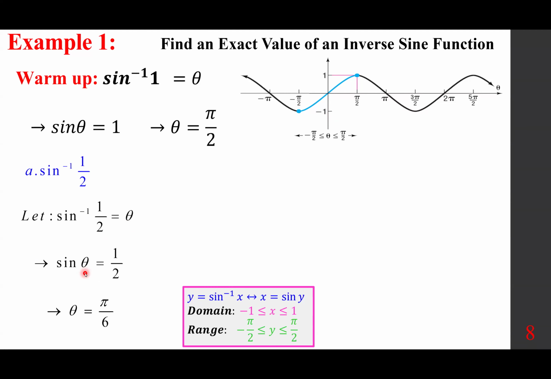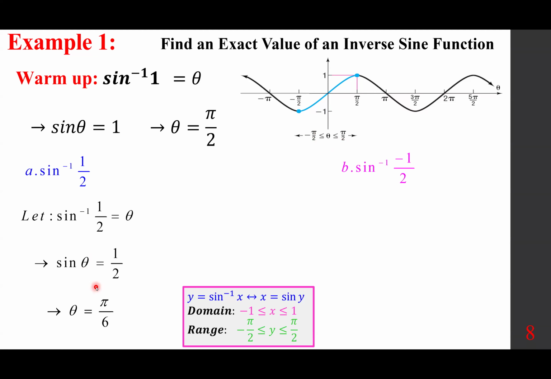And it's extremely important to know that in a complete revolution, sine theta equals 1/2 has two answers. But the restriction here, minus pi over 2 to pi over 2, means fourth and first quadrant. And in the first quadrant, sine is positive. That's why the inverse function has only one, a unique solution.